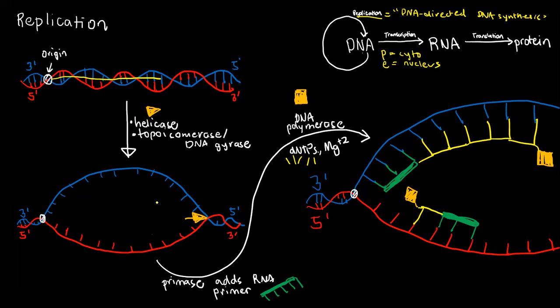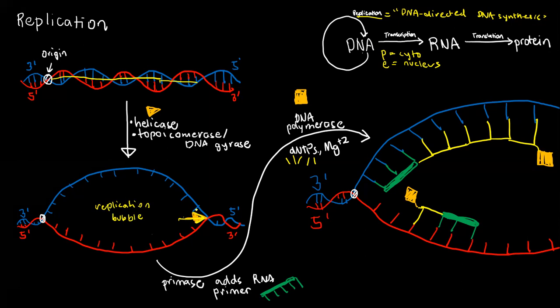And of course, you should imagine that this is a dynamic process. As my helicase goes further in this direction, as if I'm going from left to right, you could just imagine that this cavity or this gap right here is continuously getting larger and larger. This gap right here is often called the replication bubble, because the cavity is kind of circular, so we call it a bubble.